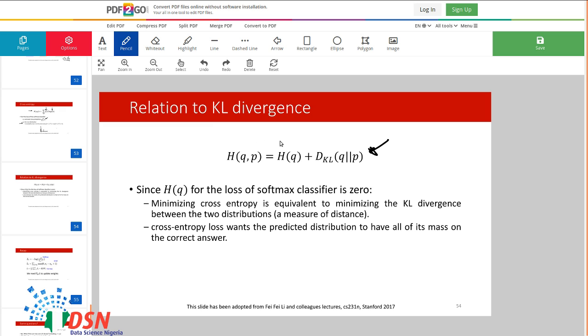And the loss function, when we have the cross entropy loss function, it means that we want to minimize H of Q and P. So it is equivalent to minimizing the KL divergence, or in other words, we want to design a P that is estimating the true distribution.